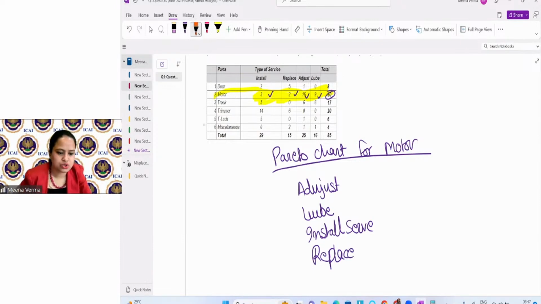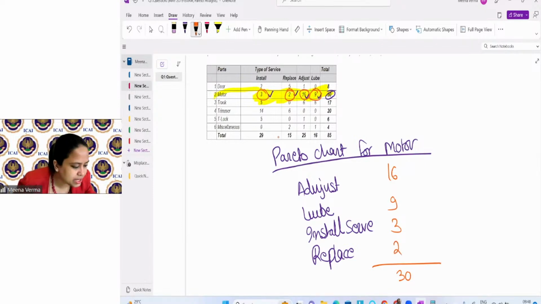So out of the total 30, motor adjustment is how much? 16 times. And 9 times motor lubricant. 3 times services. And replacement is 2 times. So the total is coming as 30.